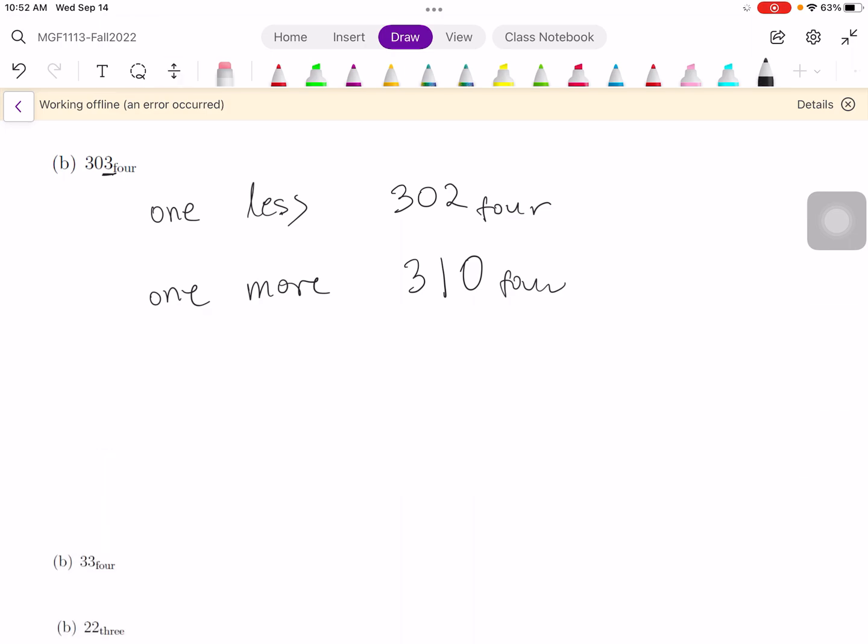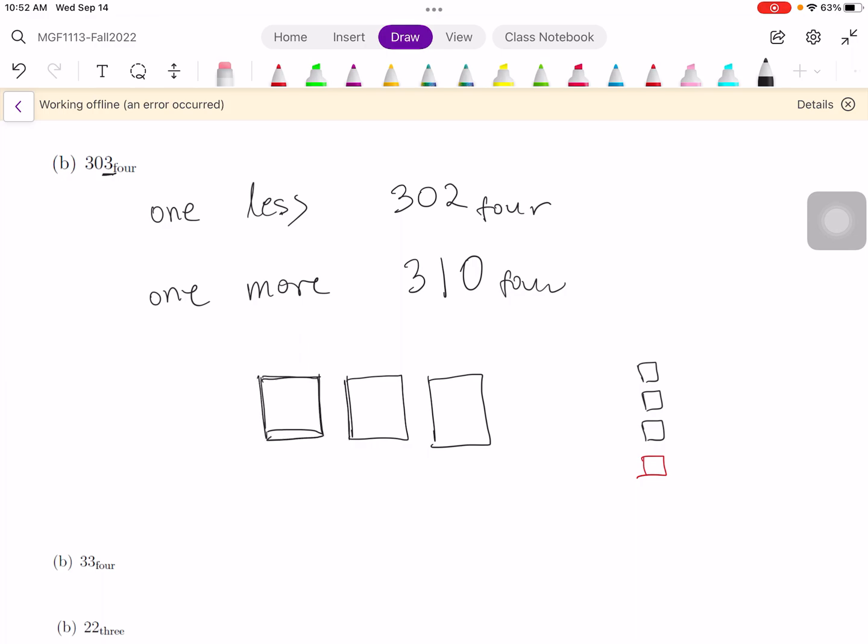The original number 303 stands for 3 flats, 0 longs and 3 units. If you add 1 unit, then you have 4. Sorry, flats are not 3 by 3, I said it wrong, they are 4 by 4, right? We're in base 4.